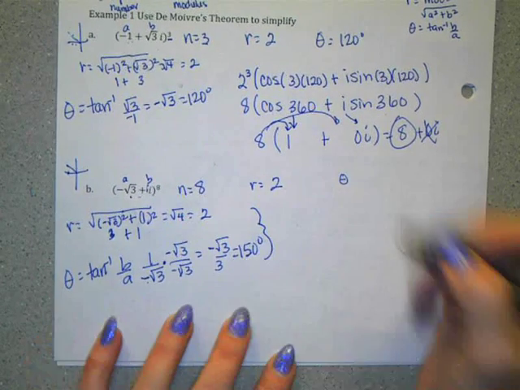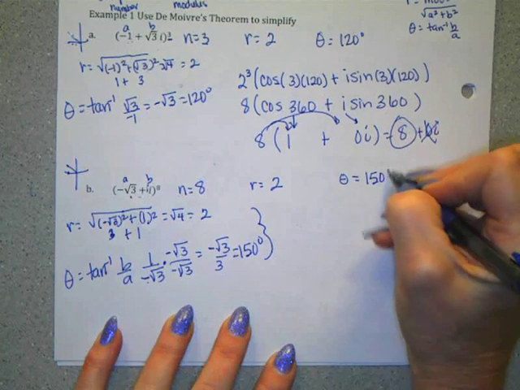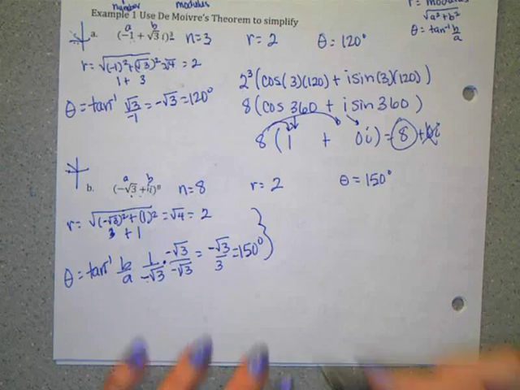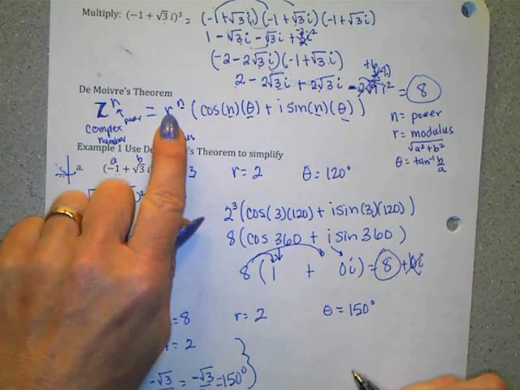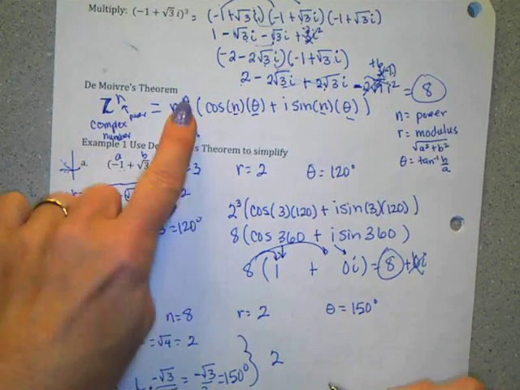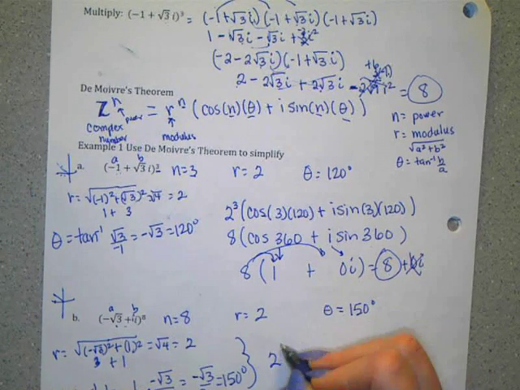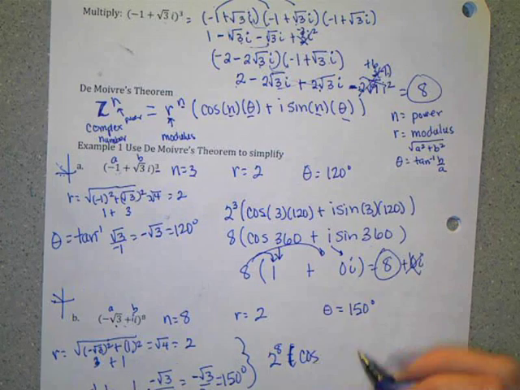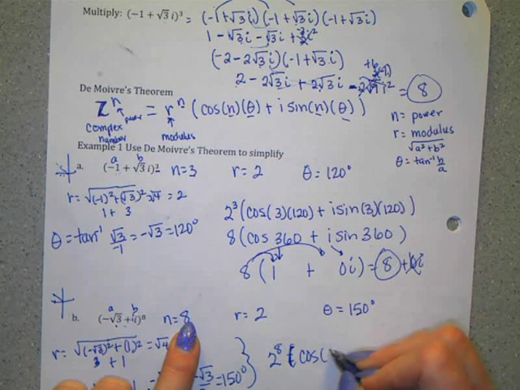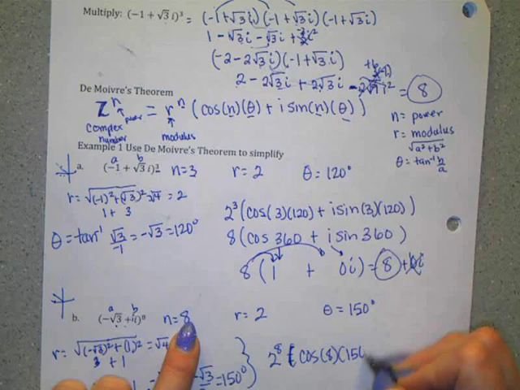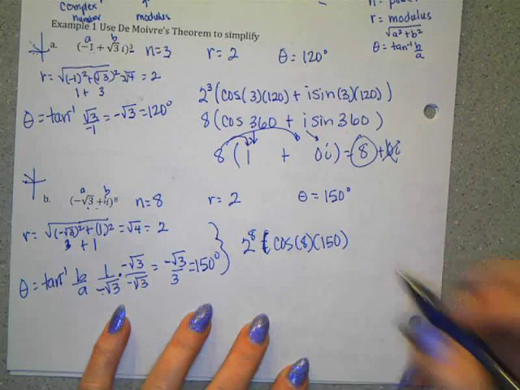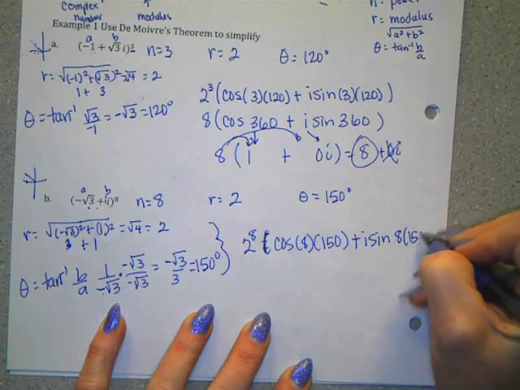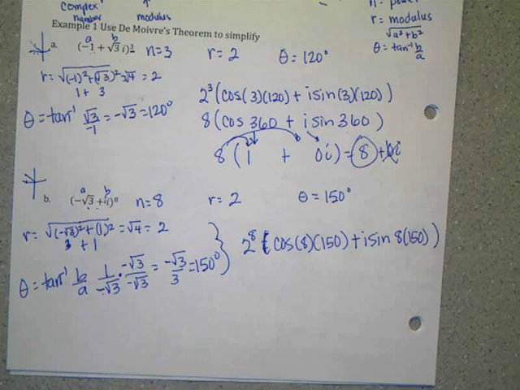So now that I have those two things, I can now go plug it into De Moivre's theorem. So here we go. My R, because we're plugging it in here, is 2. My N is 8, multiplied by cosine of N, which is 8, times my angle of 150, plus i sine of 8 times 150.